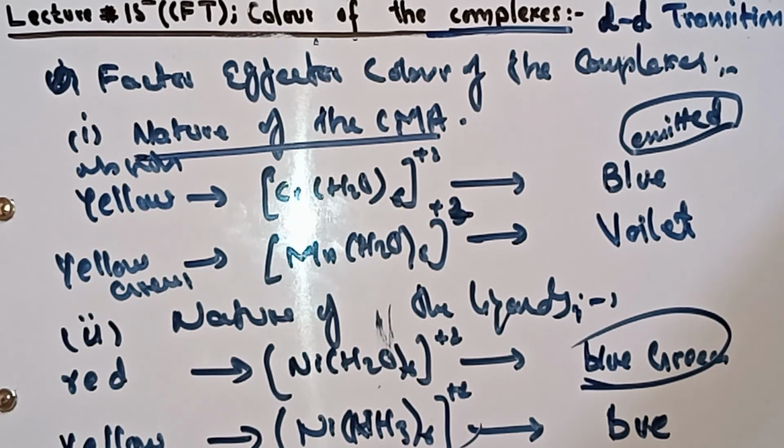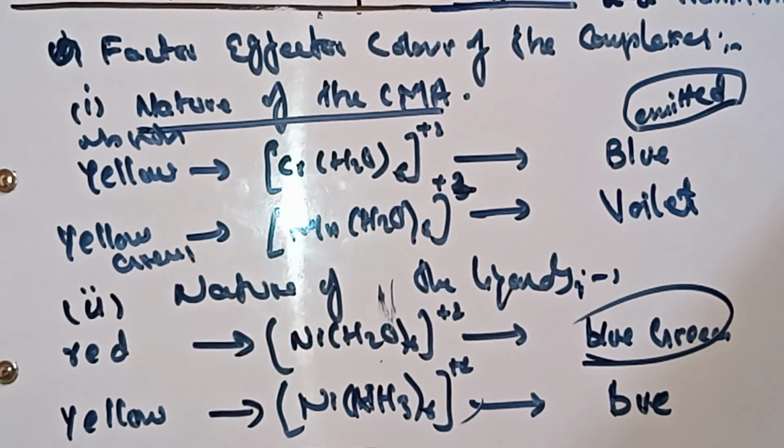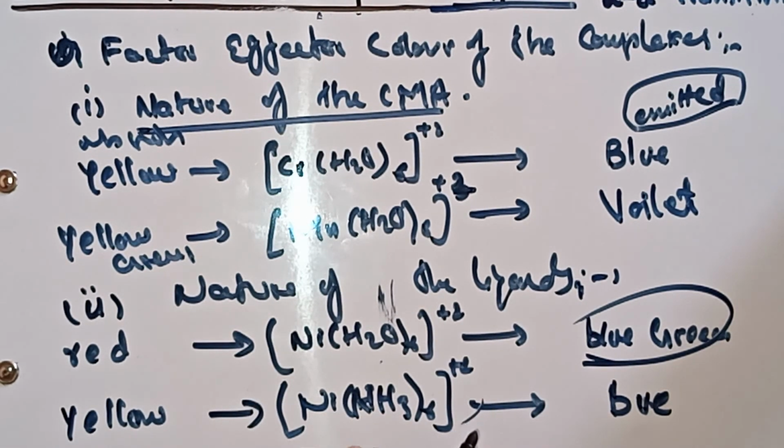So you can see clearly that different ligands also have an effect on the complex's color. Different ligands will have different colors, and different central metal atoms will also have different colors.